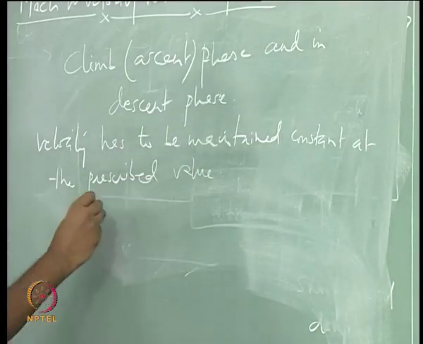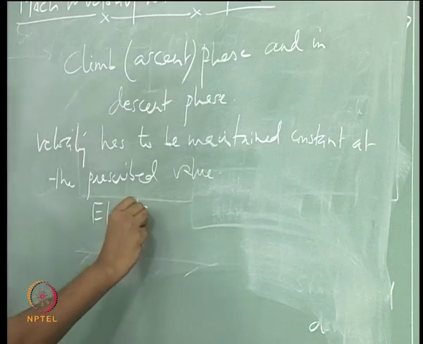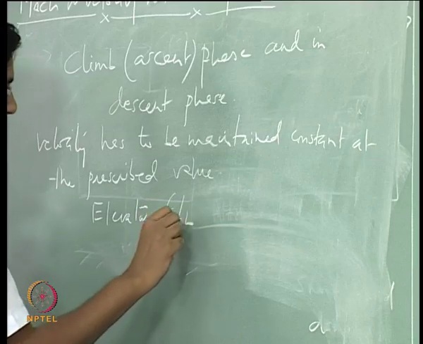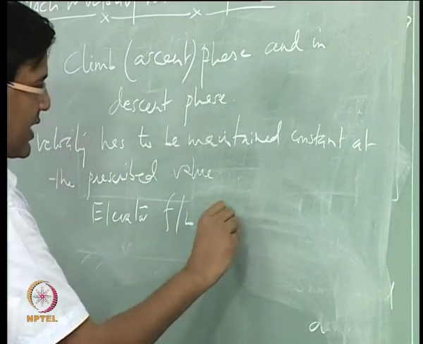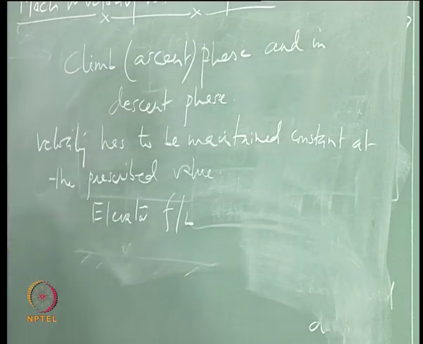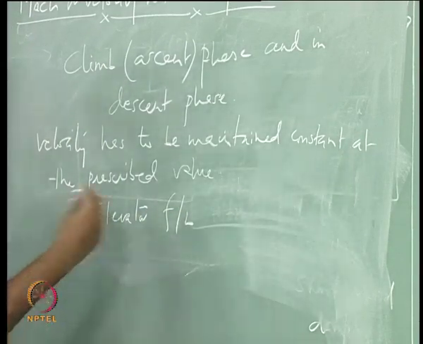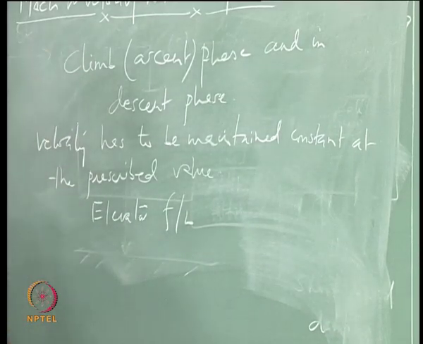This again uses an elevator feedback. So, we feed the variable which is Mach number here or the velocity to the elevator, and elevator has to act appropriately to keep the velocity constant.